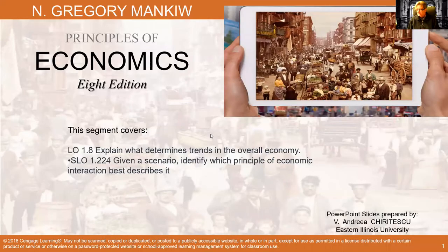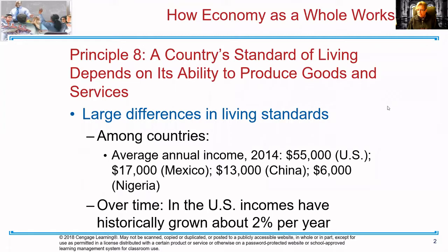Okay, so we're going to take a look at some of the things that we'll be studying in macroeconomics. The first one is a country's standard of living depends on its ability to produce things. So we talk about this principle because of what we are able to combine together, the resources that we have as a society.